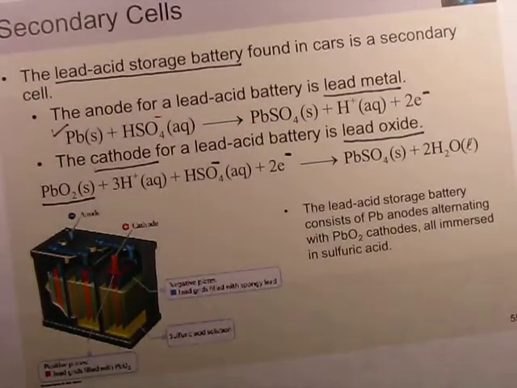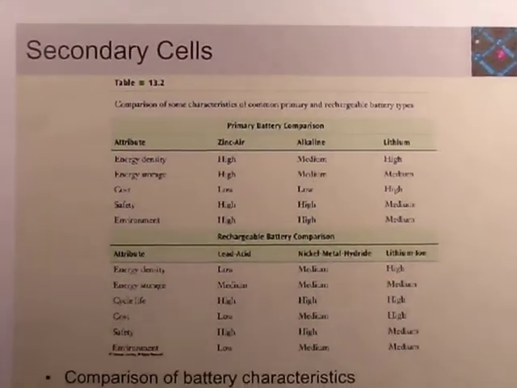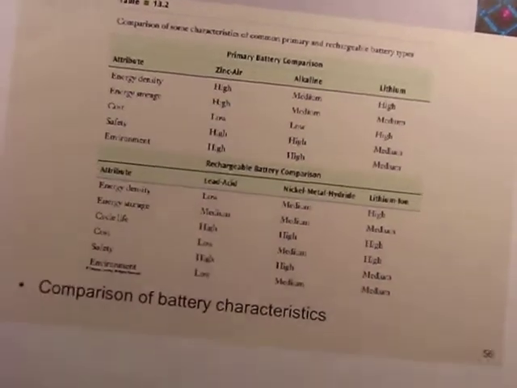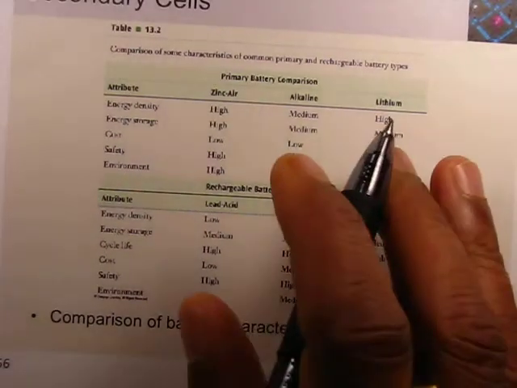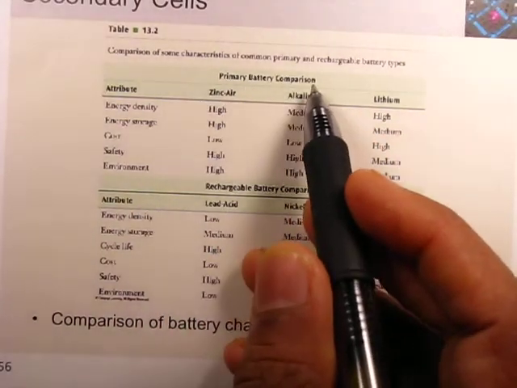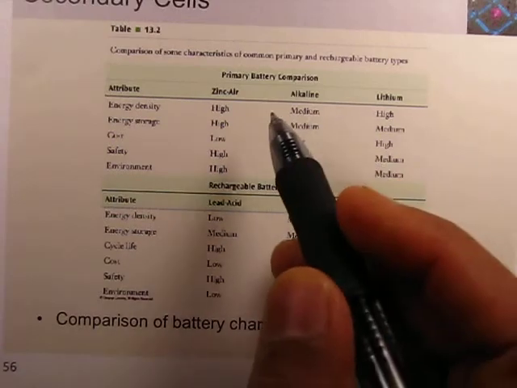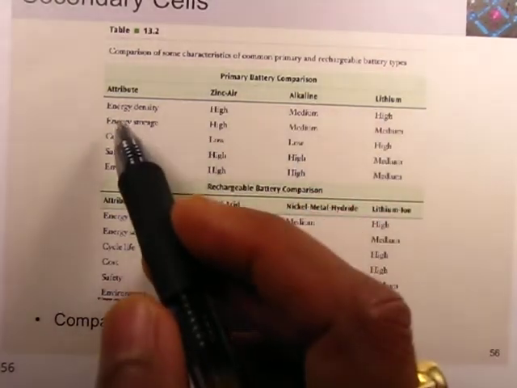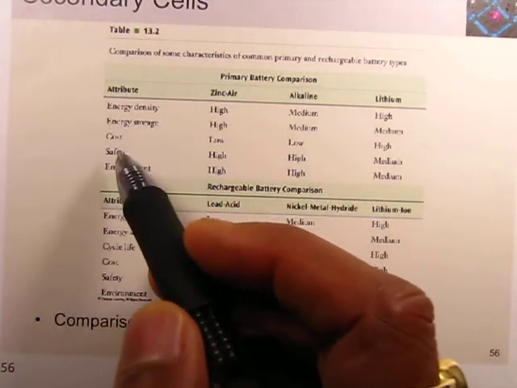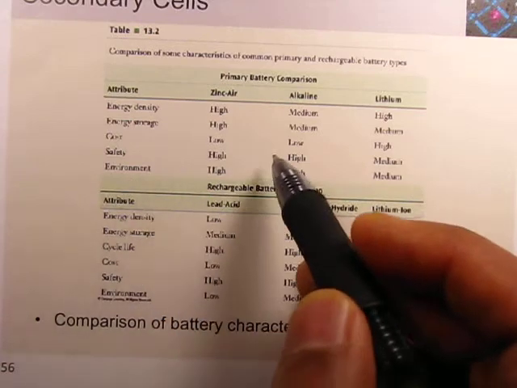And here we have a comparison between the primary and secondary cells. This table shows the primary cells, which are not rechargeable: zinc air, alkaline, lithium battery, comparing energy density, energy storage, cost, safety, and environment.